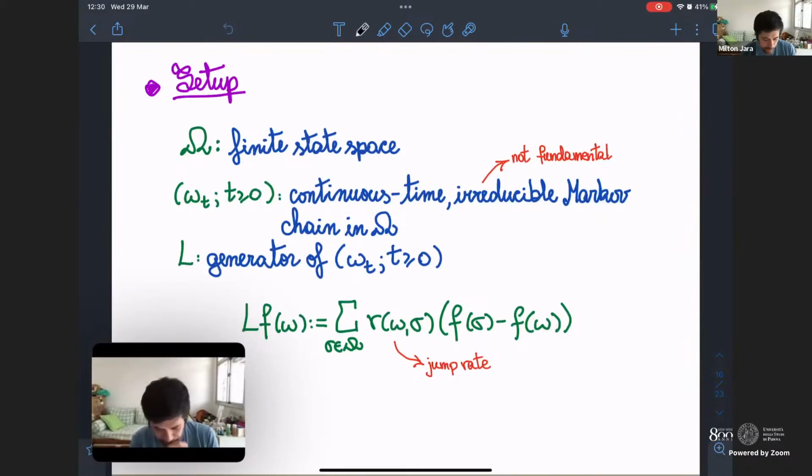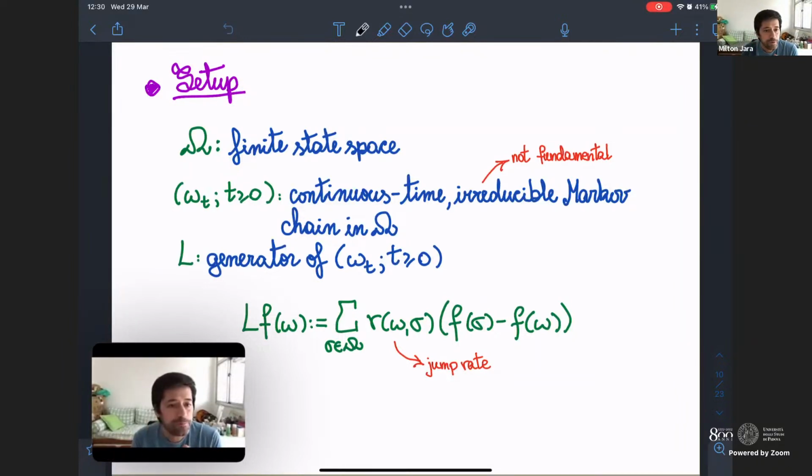Let me give a setup and a little bit of definition so we know what we're talking about. I always prefer to work in continuous time because it's more natural when you do simulation, when you do Markov modeling, at least in a statistical mechanics context.